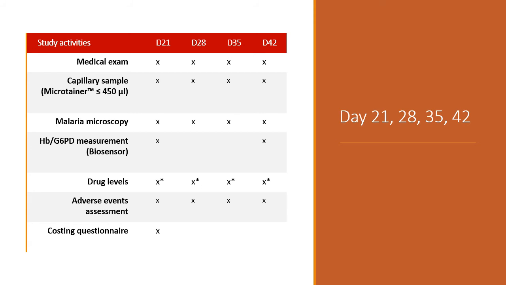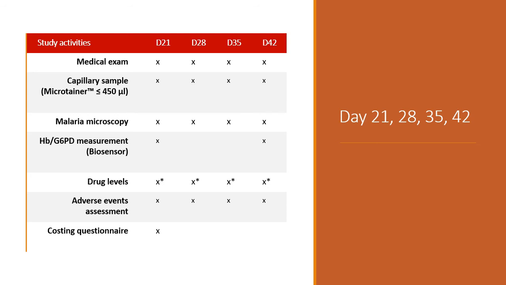Days 21, 28, 35, and 42, all participants return to the clinic and receive medical exam, capillary sample, microscopy. On day 21 and 42, they should have a hemoglobin and G6PD measurement. Drug levels will be analysed from the capillary sample.